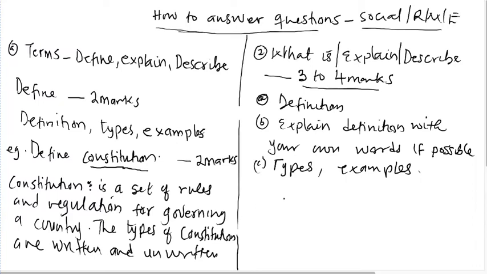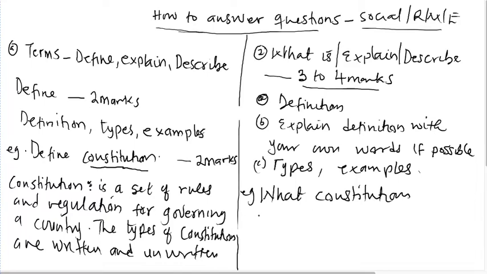If you are to use the same thing, we have what is constitution. I will just say this, I will not write it. We just write constitution is a set of rules for governing a country, as you have written for the definition.